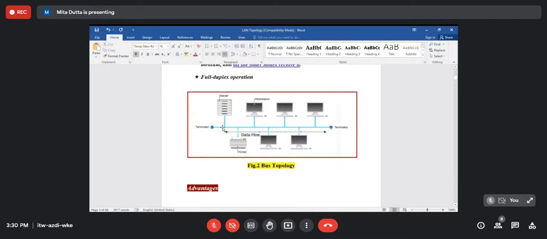This is the main cable, and at the end of the cable we have terminators. Do you know why we have terminators at the end of the cable? These terminators are grounded.